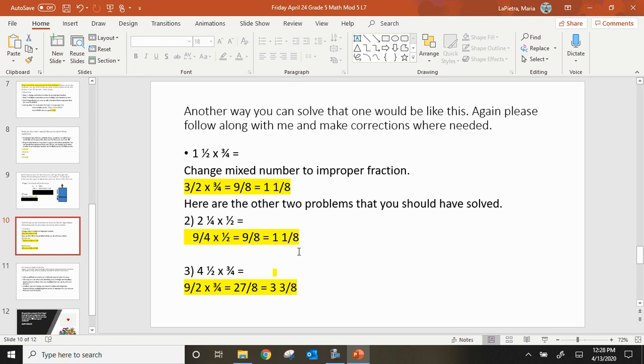The second one was also 2 1/4 times 1/2, and I got 1 1/8 for that one also. 9 over 4 times 1/2 would be 9 times 1 is 9, 4 times 2 is 8, and got 1 1/8 when I divided because it's an improper fraction. Look at the third one, 4 1/2 times 3 over 4. 9 over 2 times 3 over 4. 9 times 3 is 27 over 2 times 4, which is 8. Again, improper fraction, we needed to divide, and I got 3 3/8.